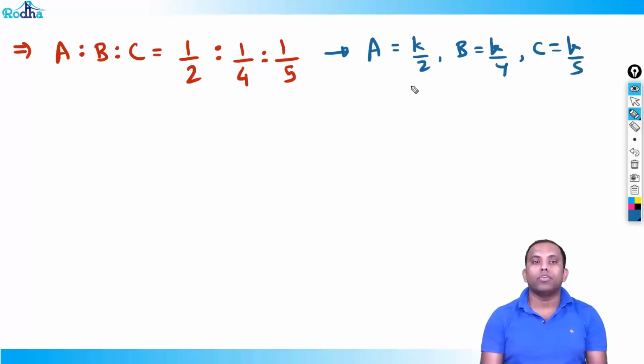Just as if A to B to C is 2 to 3 to 4, that means 2K, 3K, 4K. It's a fraction, doesn't matter, into K each. But this will be lengthier, so we will not prefer this method.